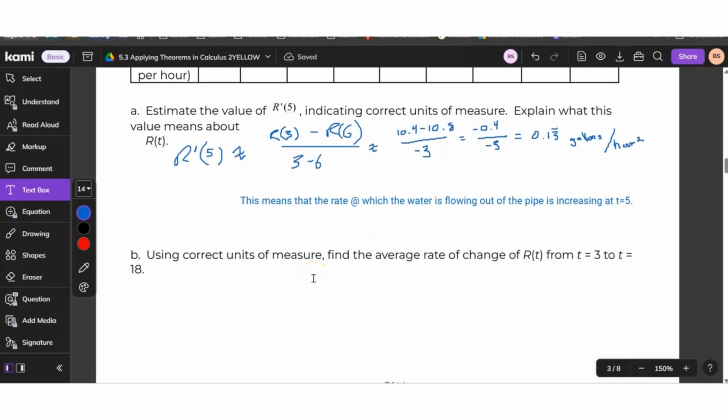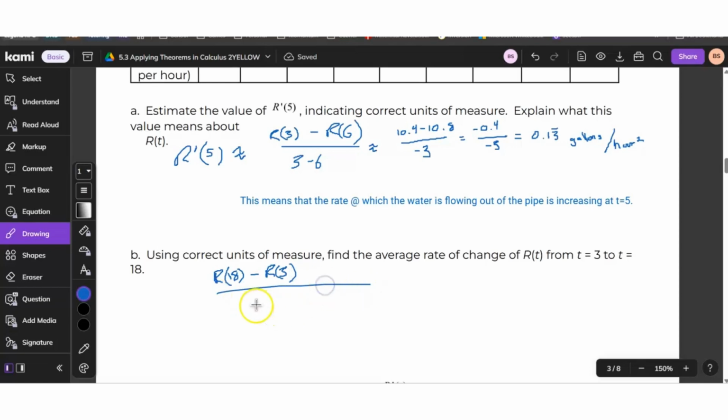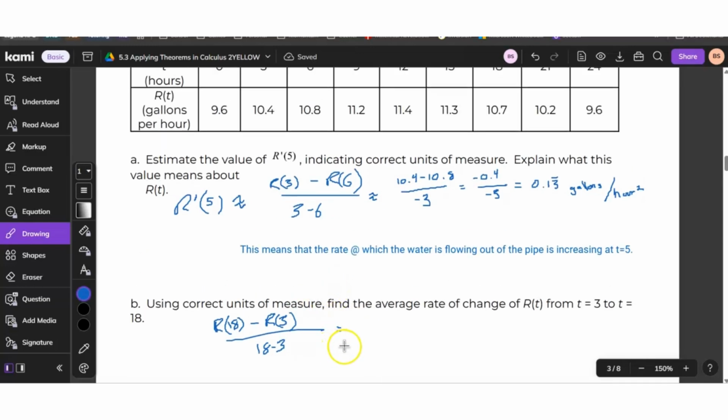All right, so now we're going to use correct units of measure and find the average rate of change from 3 to 18. So we use 3 and we use 18. We're basically going to do the same thing. Our average is going to be, the way that Julieto likes, r of 18 minus r of 3 over 18 minus 3. r of 18, if we look up, is 0.3 over 15.